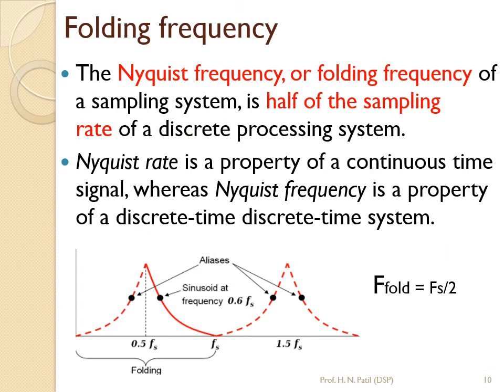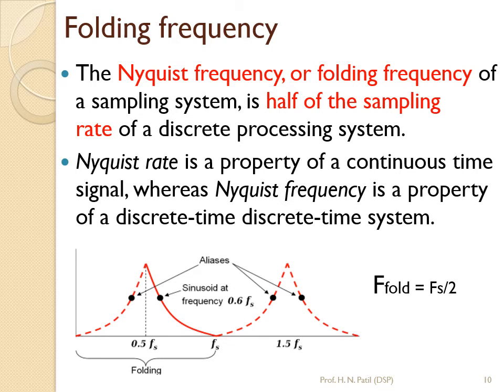If aliasing occurs in the signal, then there are chances of folding frequency as well. The Nyquist frequency, sometimes called the folding frequency of a sampling system, is nothing but half of the sampling rate of a discrete processing system. Now look at this figure.